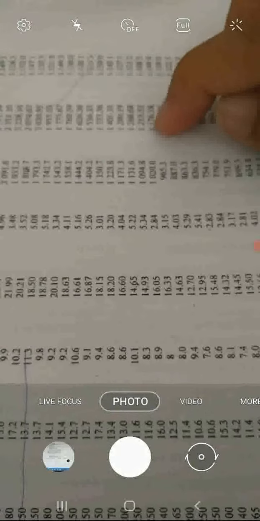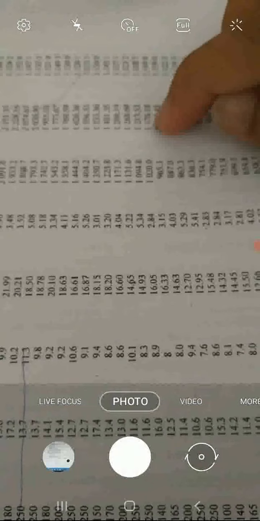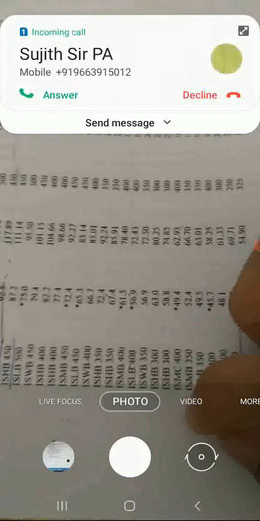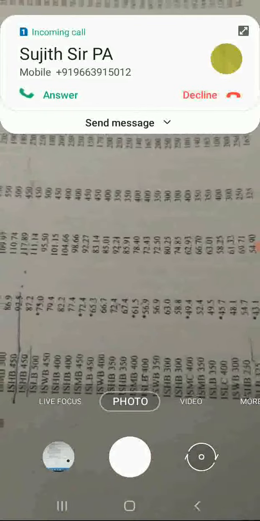Two things should be kept in mind. One, ZP should be more than whatever is required, and this section should be ISMB. Okay, and the values here, whatever the H values, this is for the ISMB 400. For those values you have to find out first, all these things you have to write.